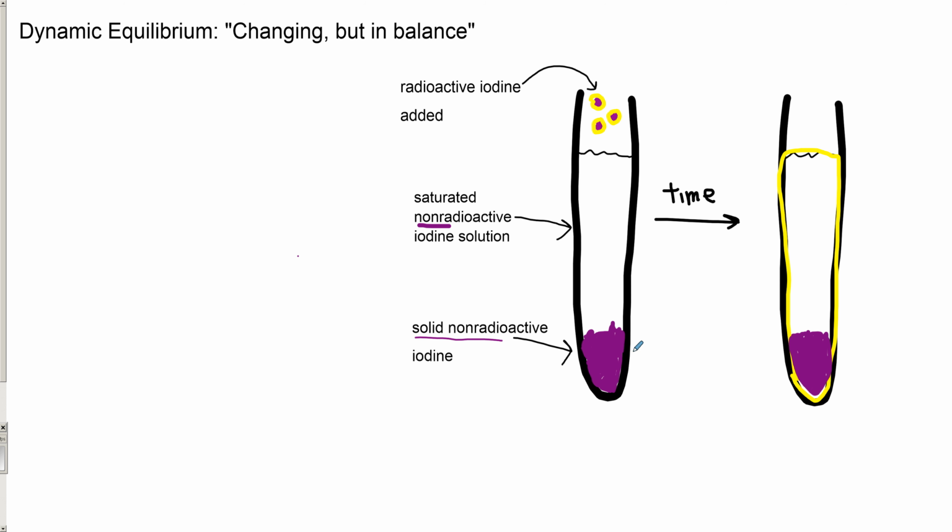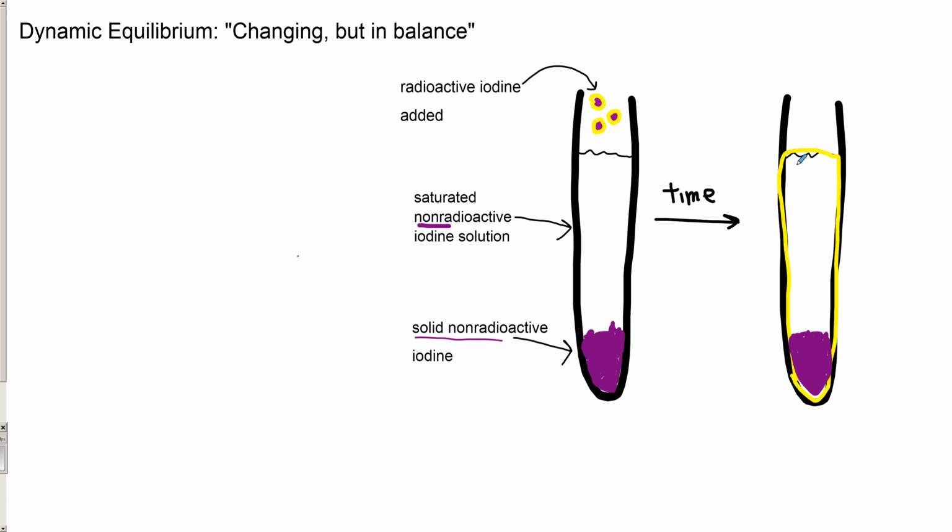That's what happens at the start. But if you let this kind of system sit around, and you look at what's happening later on, if you take a sample of the solution, it's radioactive. Huh.